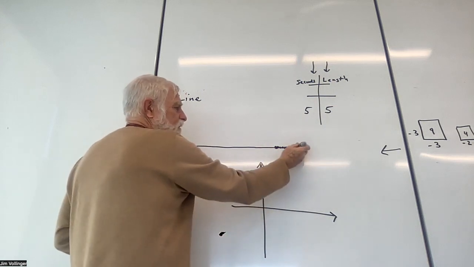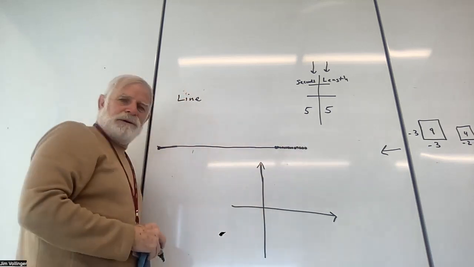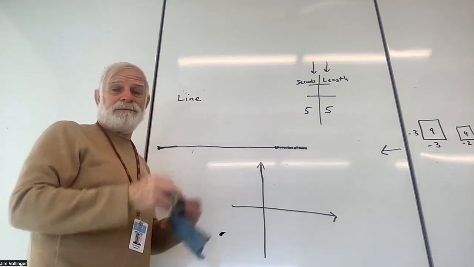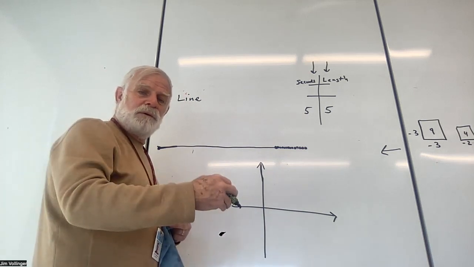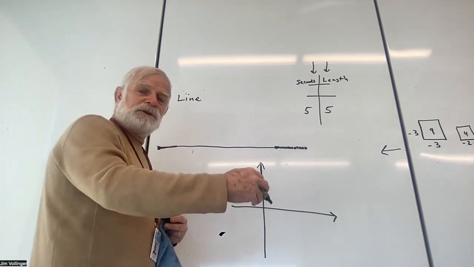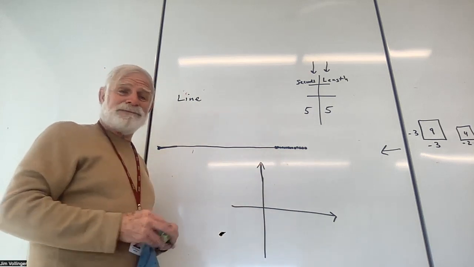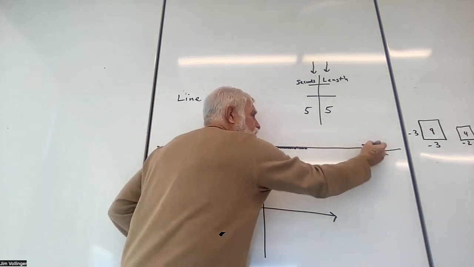And if you'll notice, there's a circle, there's a circle, there's a circle. That's getting larger. And actually, it's getting larger at a constant rate. Remember, every second, I went a unit. 1 unit, 1 second. 2 seconds, 2. 3 seconds, 3. So the rate of change is constant. So if you'll notice, as I move, that's a constant rate.